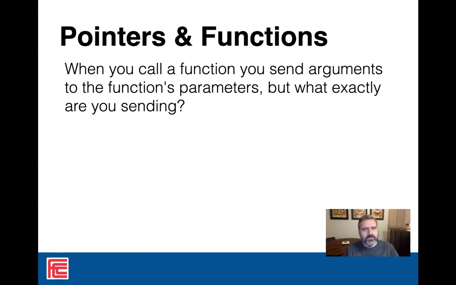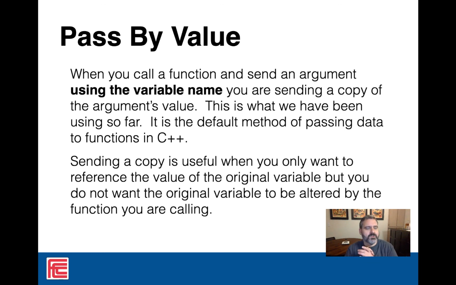And this is sort of the reason why we're bringing up pointers right after functions. C++ by default is pass by value. That term means that when I call a function and I send an argument, I'm evaluating whatever the value of that argument is, if it's a variable, if it's an expression, whatever it is, and then I copy that value and assign it to the parameter.